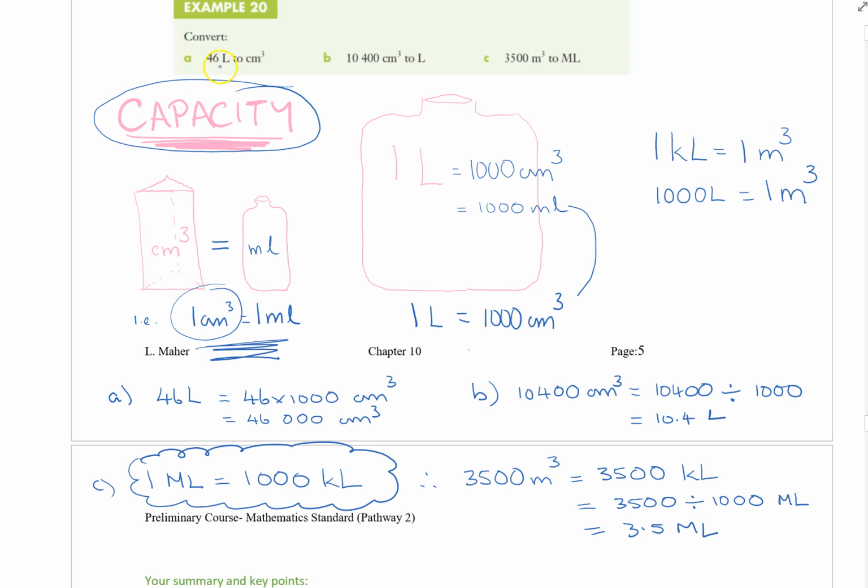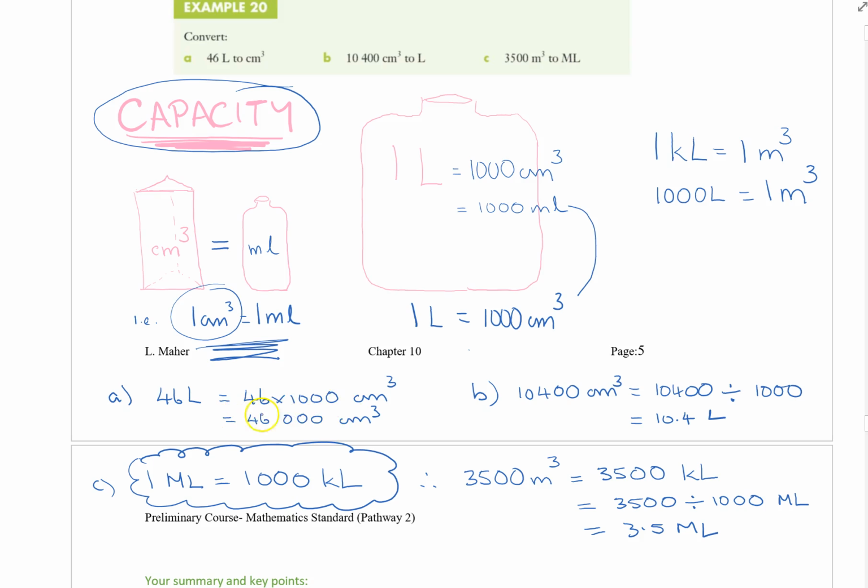And now you can see I've taken each of the examples and worked the solutions. In A, we've got 46 litres and we're converting it to centimetres cubed. We take our 46, we're going from litres to cubic centimetres.